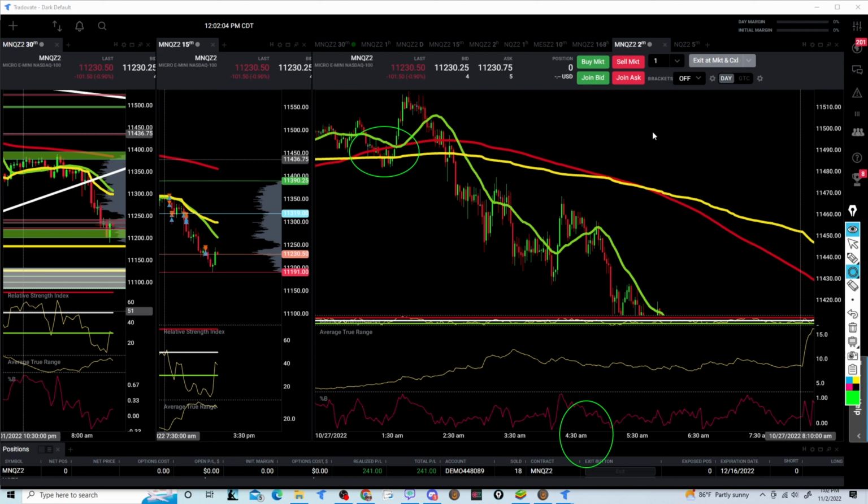Where would your first good trade have been? I'll show you where my first trade would have been. Right here at the 20. Okay? And we would have easily taken that money.